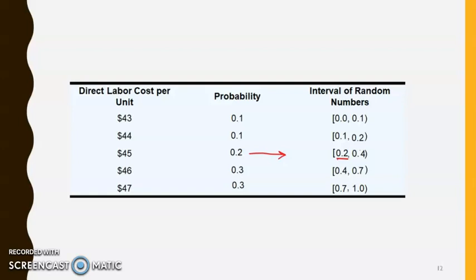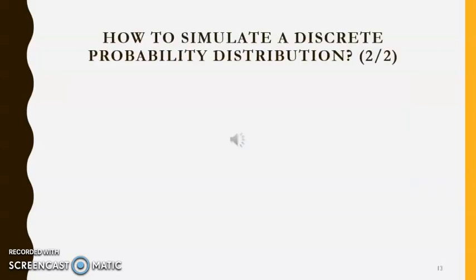Okay, the last thing that we need to know to generate a random number, and I also referred to it before. Here you can see how to simulate a discrete probability distribution, but the second slide, like many of the other things we had today so far, is available.